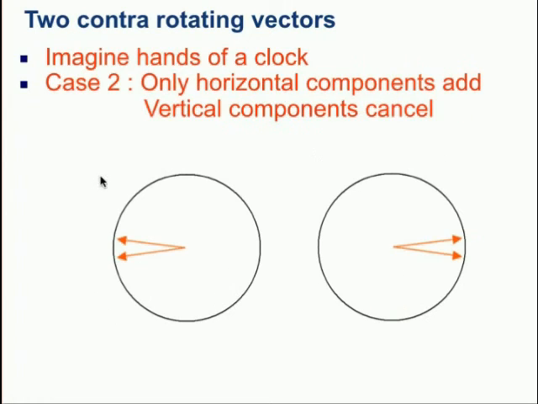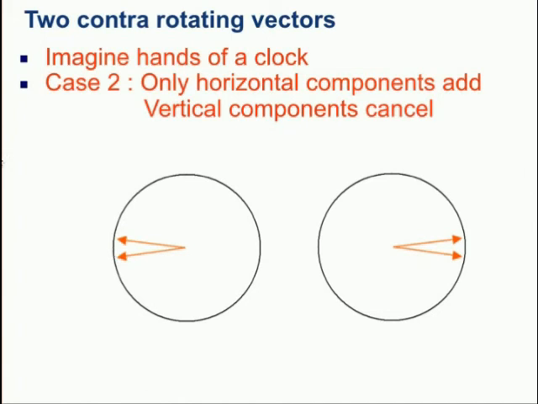Now, if we change the phase relationship of these two sidebands like this, one still going round clockwise and one anti-clockwise at exactly the same speed, but now they cross at 9 o'clock and at 3 o'clock, and here the resultant of the two vectors points to the right, and here the resultant of the two vectors points to the left, but at all positions the vertical components always cancel out.